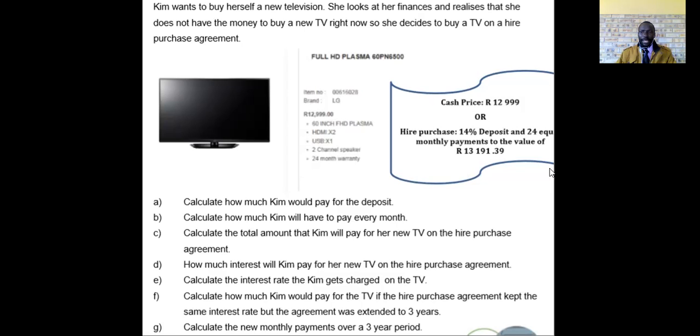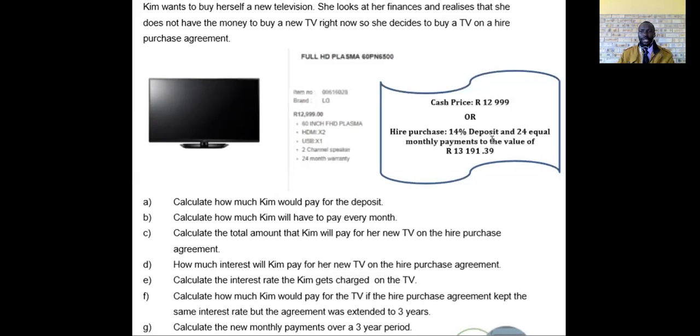Like the way you can see here, the deposit is 14% of the original cash price. So the cash price is 12,000, and 14% of the cash price is what we call the deposit.